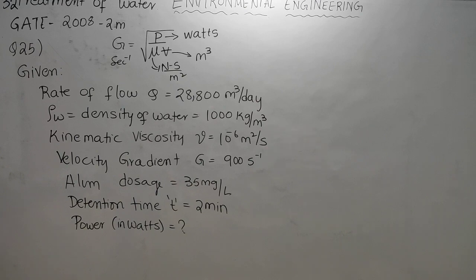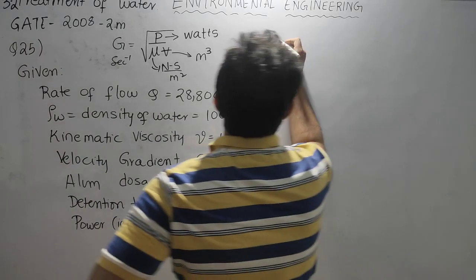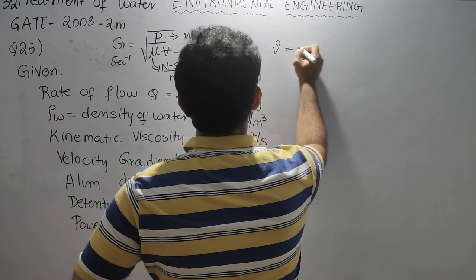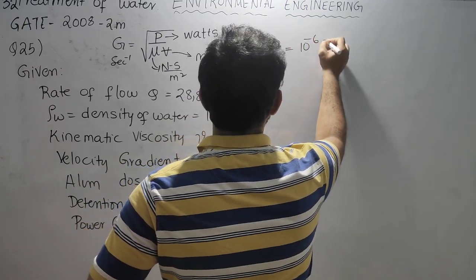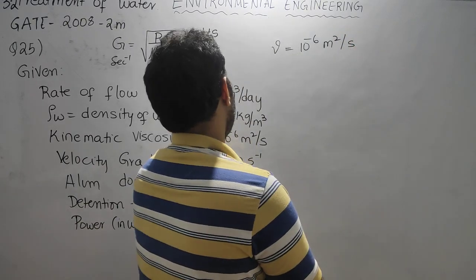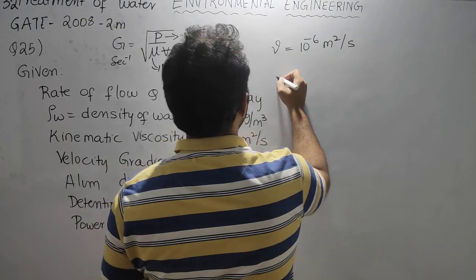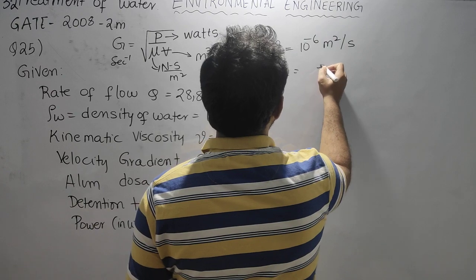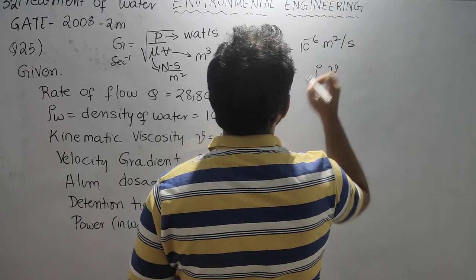Here we need to convert the kinematic viscosity into dynamic viscosity. Nu is given as 10 to the power of minus 6 meter square per second. So mu is equal to rho into nu.